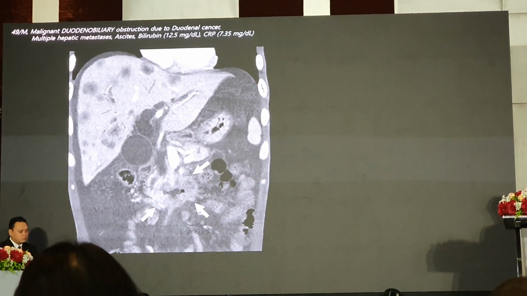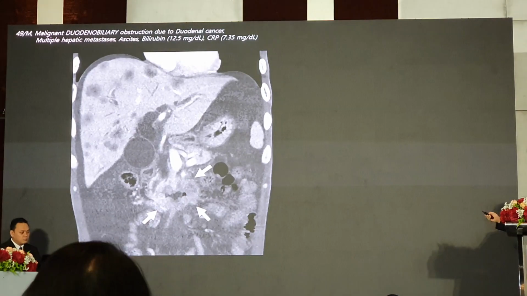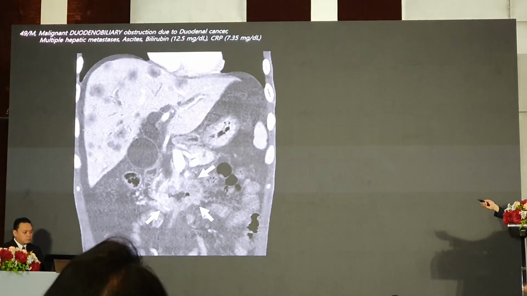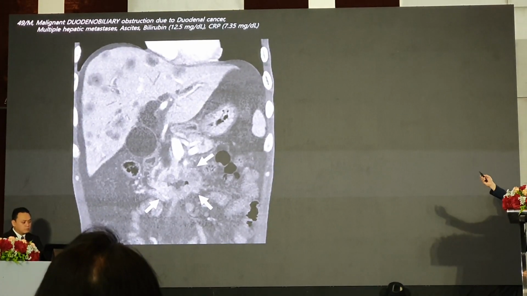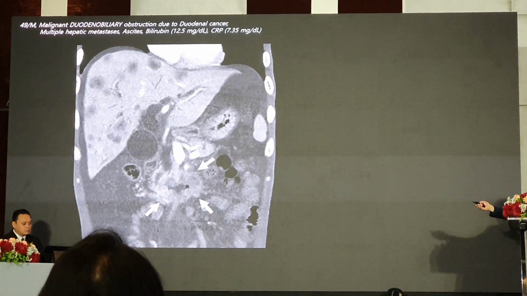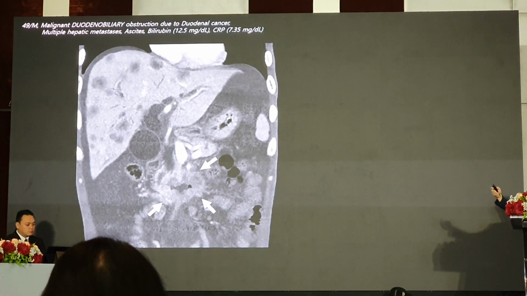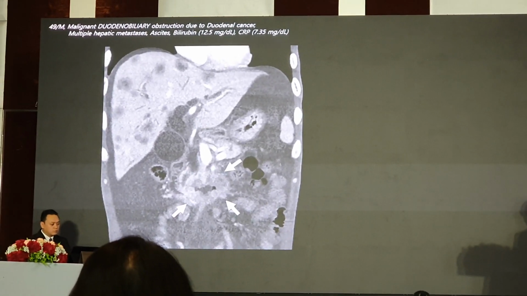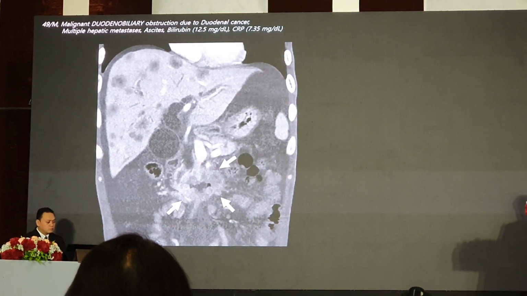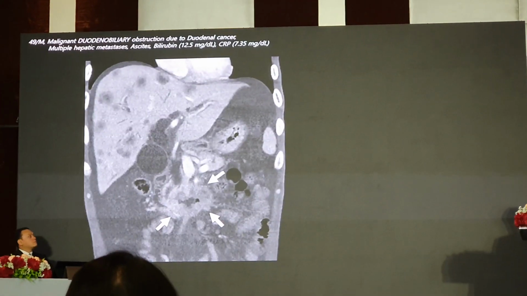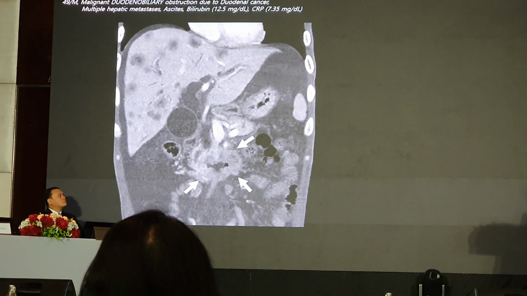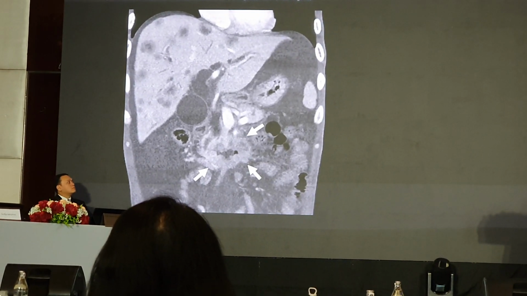This patient had malignant duodenal and biliary obstruction, and also had massive ascites and multiple intrahepatic metastases. And the serum bilirubin level was more than 20 milligrams per deciliter, and the CRP level was high.